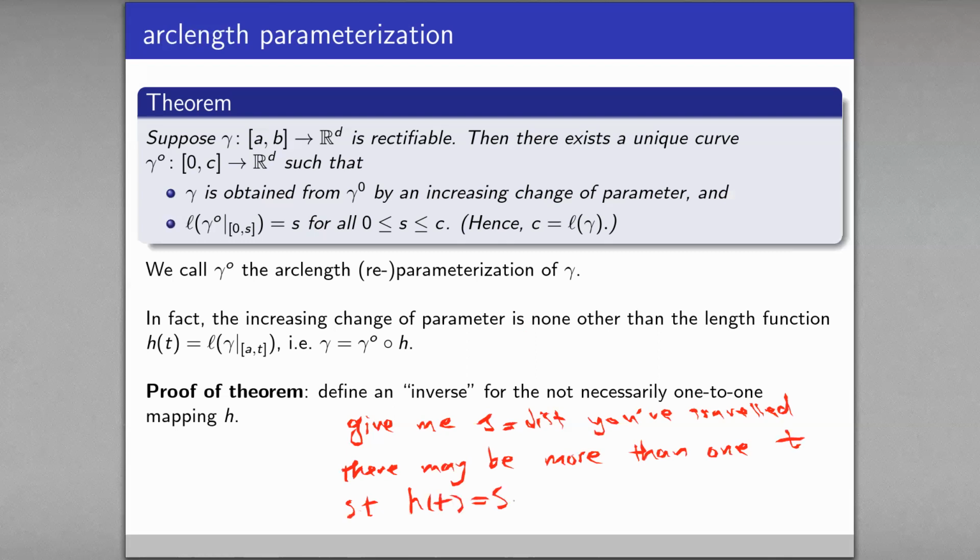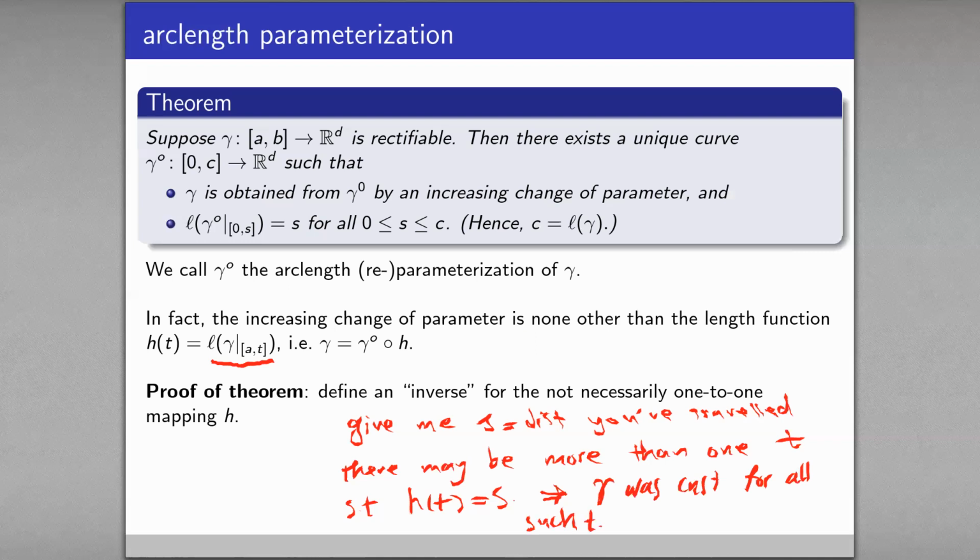The length you've traveled from a to t is s, and there may be more than one such t, but that forces gamma to be constant for all such t.